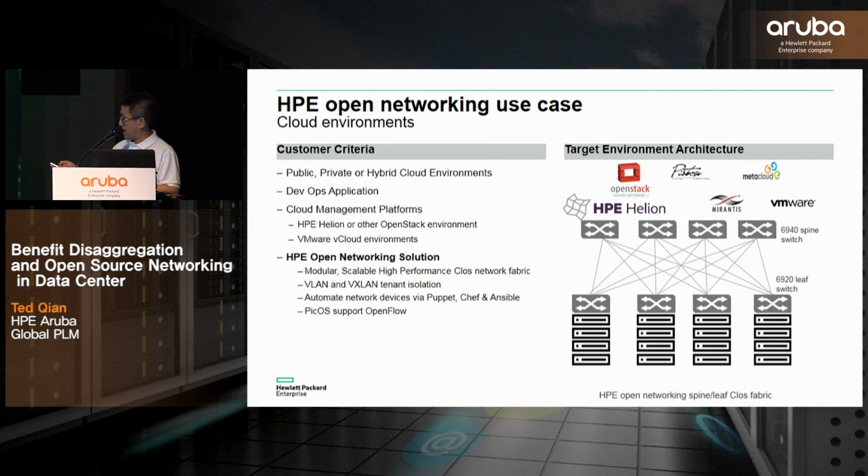So HPE open standard hardware and software can provide the customer with all the key features that current data center customers want to use, for example, overlay features like VXLAN. The deployment architecture is similar to the traditional deployment architecture, with the spine and leaf architecture.